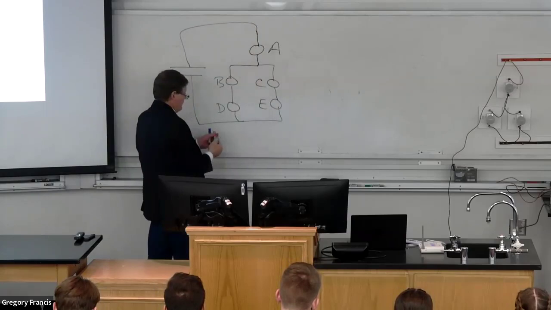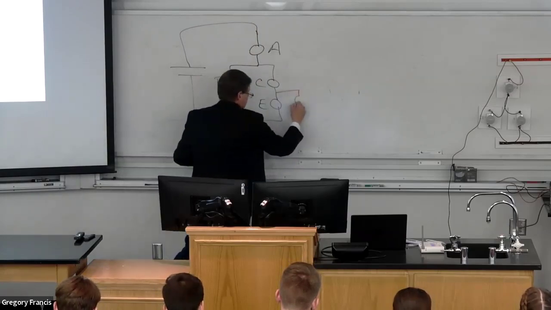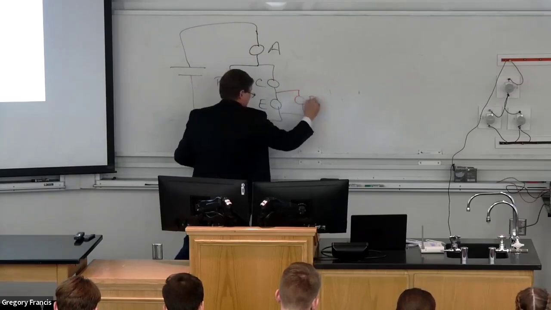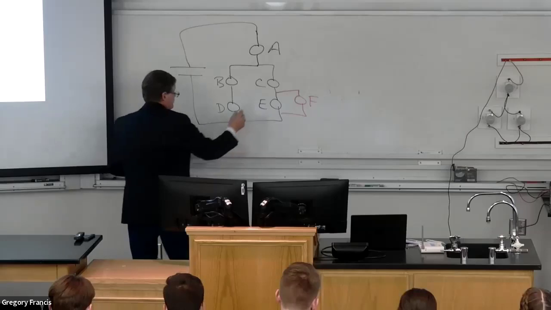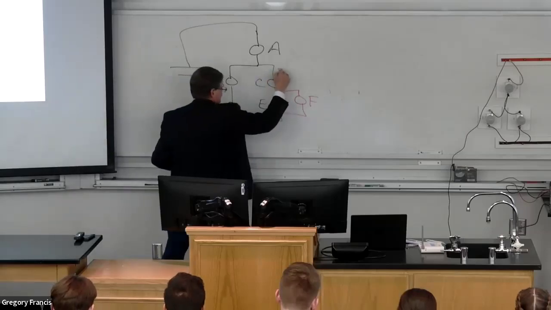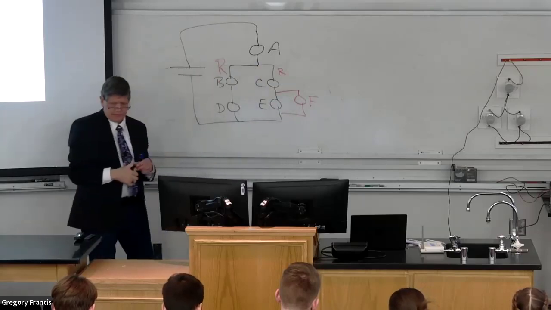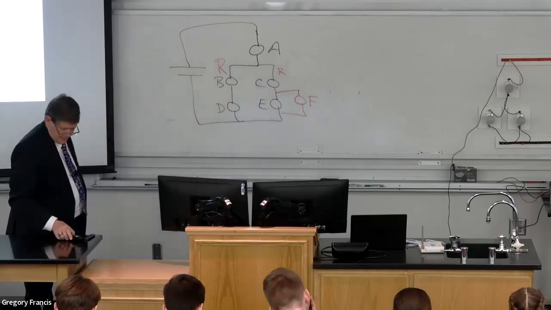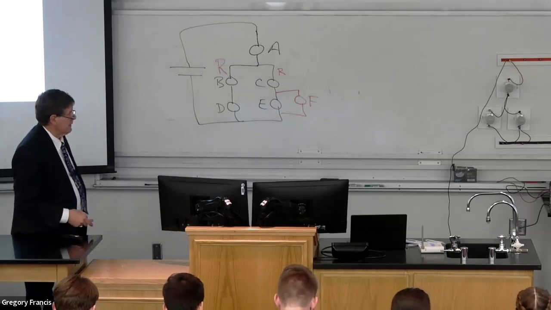It would split 50-50. What's missing? Well, bulb F. And I added it in parallel. And so that means that this path, this way is the easy path, and this is the hard path. And so that means that C is going to be brighter than B.